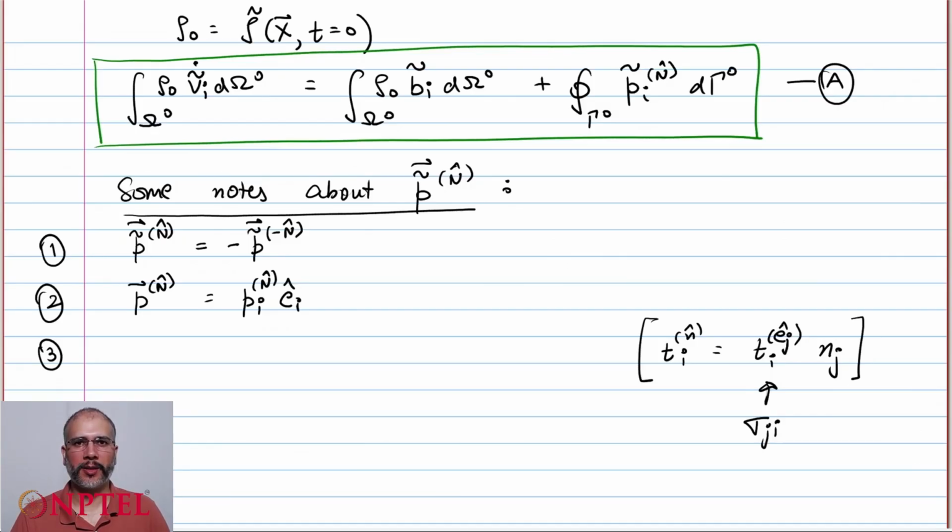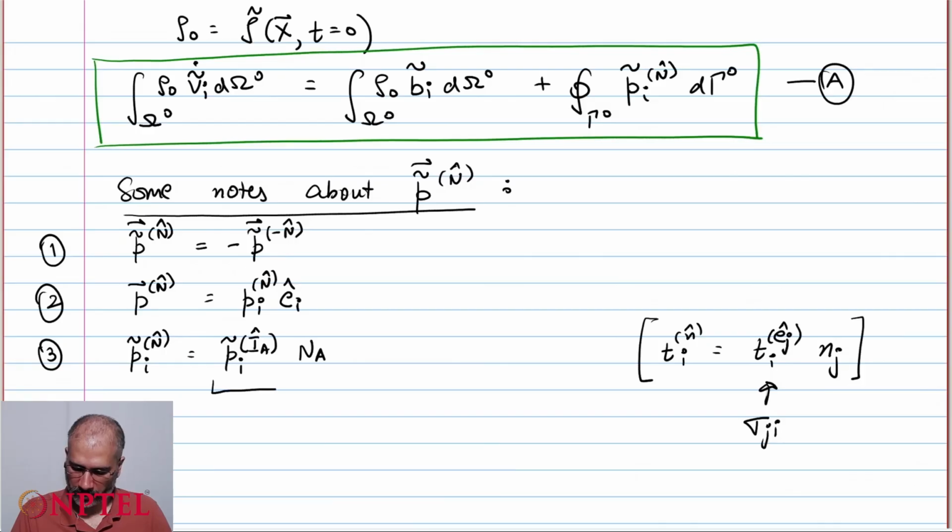If we do the same thing for our stress vector P, by writing the areas in the reference configuration and expressing the forces in the current configuration, we can write the stress vector on an area in the reference configuration with a unit normal capital N hat using the stress vectors on three mutually perpendicular cutting planes in the reference configuration along the coordinate directions times NA, which is the components of the normal in the reference configuration.